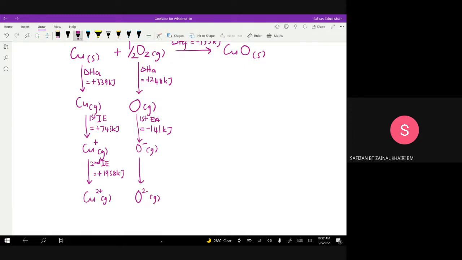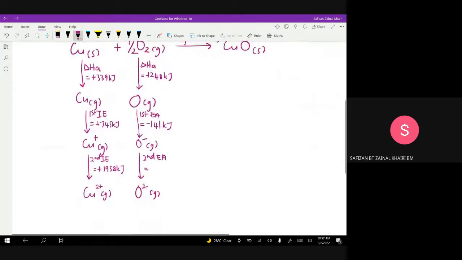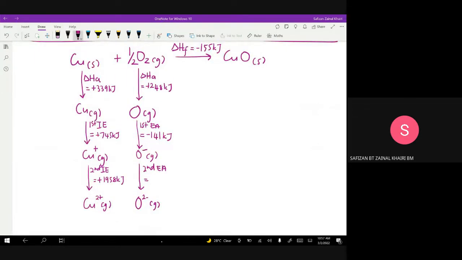Okay, the second electron affinity untuk oxygen is, look at here, positive 791 kilojoule. Okay, next.